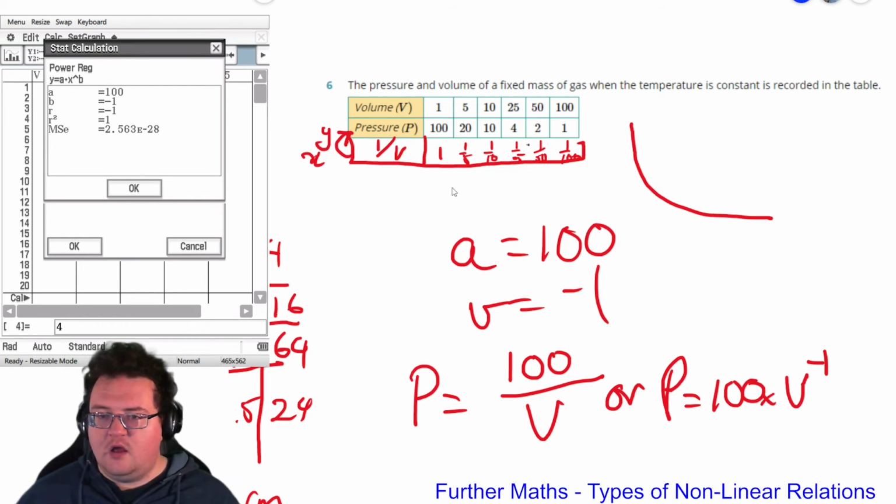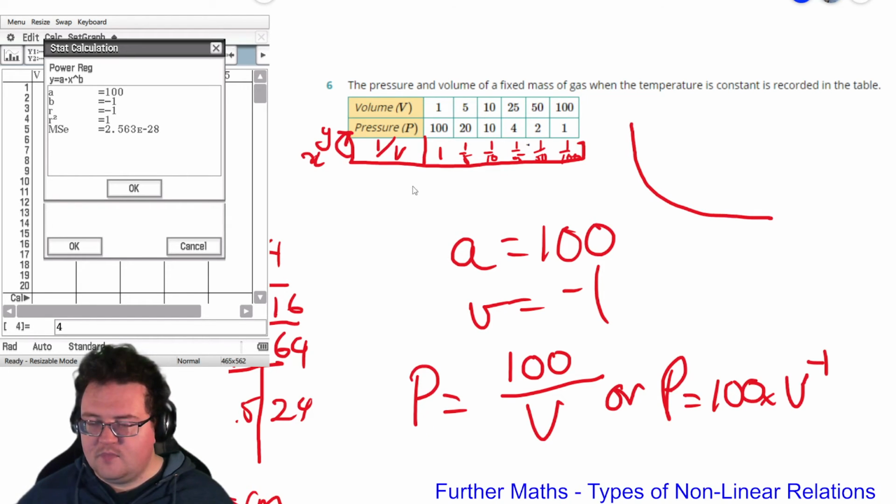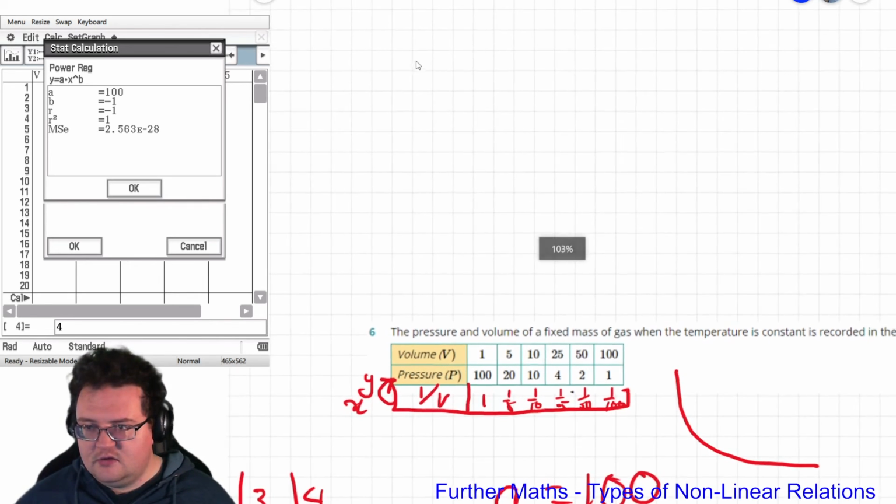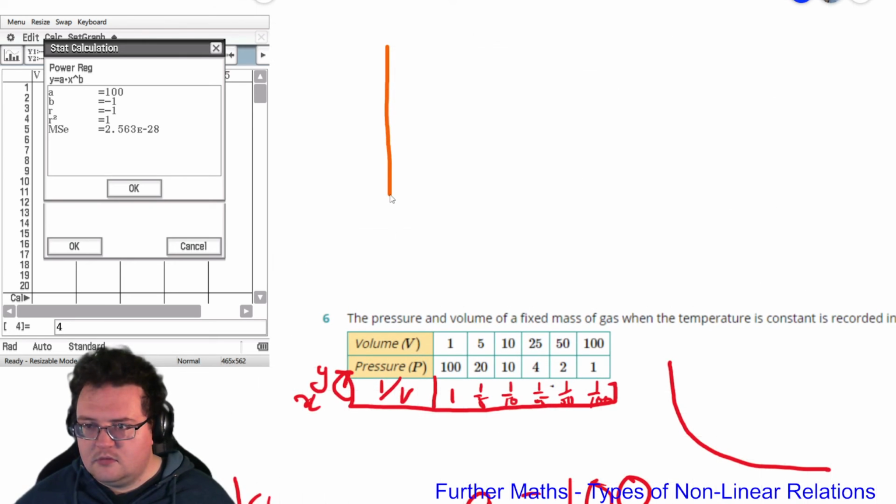If the question wanted you to sketch P versus 1 on V, which earlier in this question it does, what you need to do is use this 1 on V column that you've created here. And instead of putting V here, you're going to put 1 on V here.